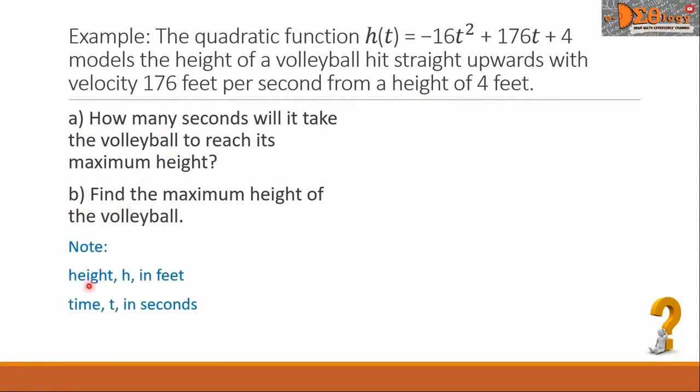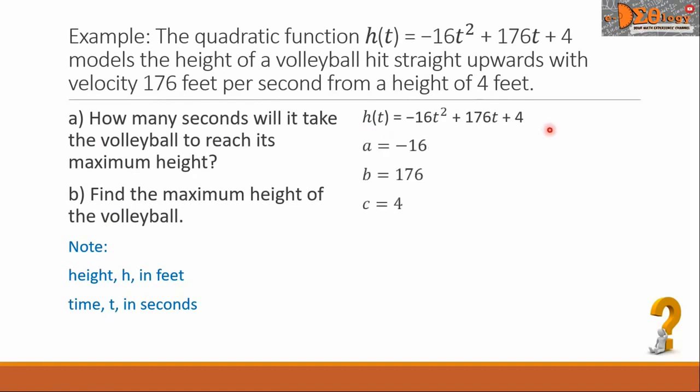Take note, our height denoted by h and the measurement is in feet, while time denoted by t is measured in seconds. Let us first copy our function, and it is now written here.